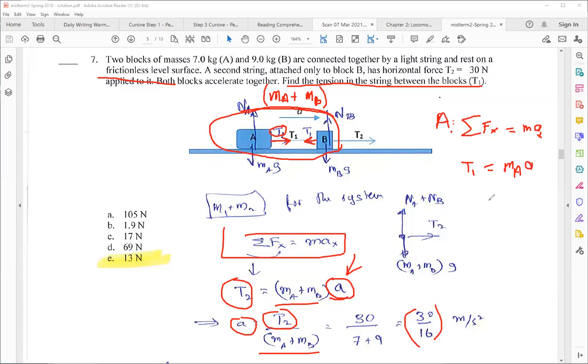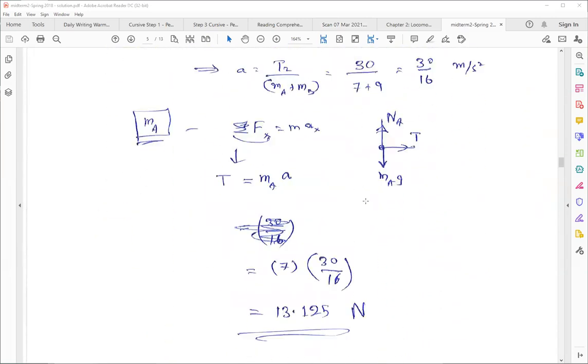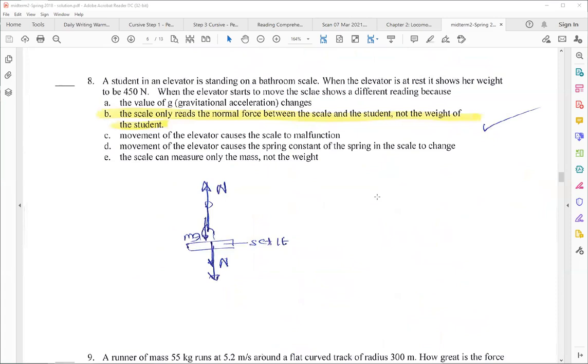Because I know the acceleration and mass A, it will be 7 for mass A times the acceleration, 30 over 16. And we find our tension 1 as easily as that. These are the steps similar to what we have just done.